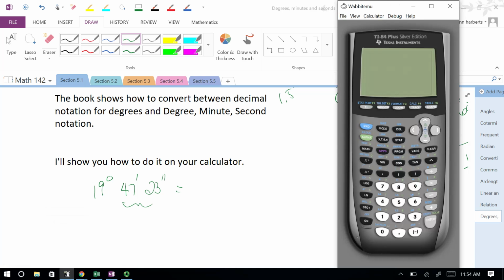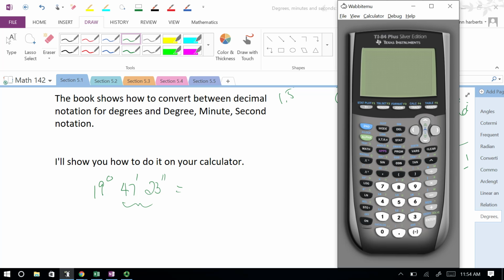So I can convert this on my calculator by doing the following. Your calculator has built into it symbols for degree, symbols for minutes, and symbols for seconds. They aren't all in the same spot. The symbol for seconds is in green right above the plus sign, and we'll get there in a minute. The symbols for degrees and minutes are hidden under the angle menu.